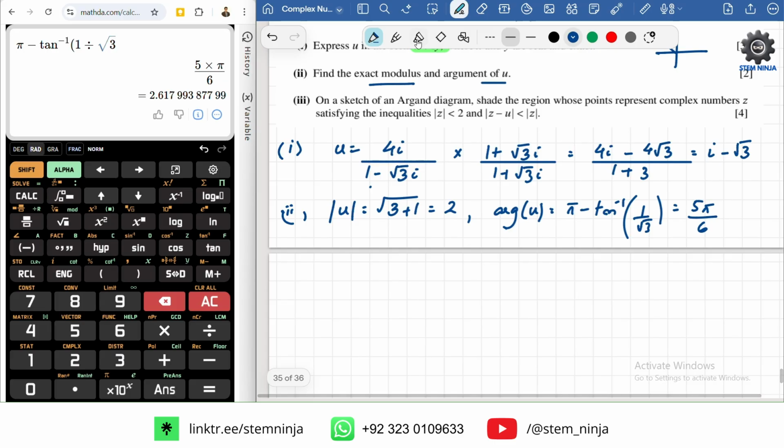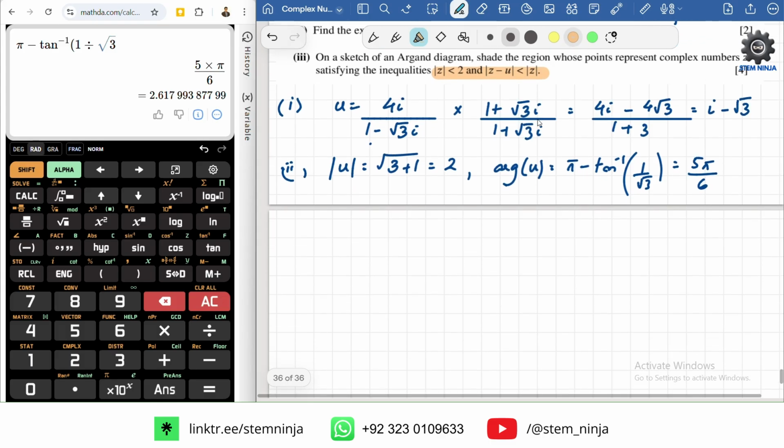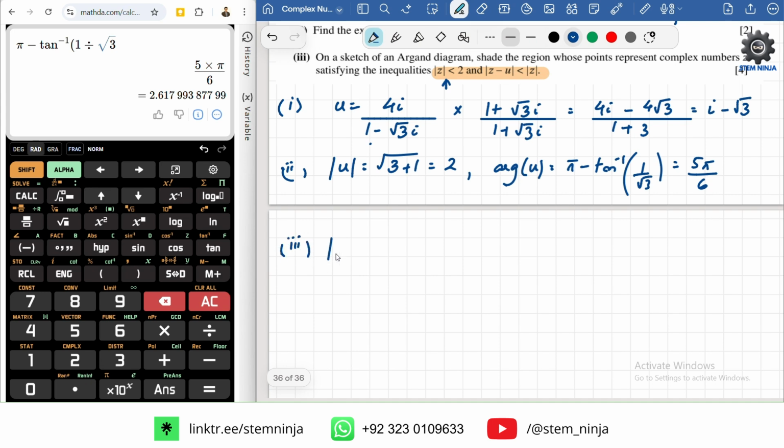Okay. On a sketch of an Argand diagram, shade the region whose points represent complex number z satisfying these two inequalities. Right. So what we do now, we know that this is a circle. You can write it as an equation also, but you can write it in words also. You don't need to write this, this is just what I am writing for working.